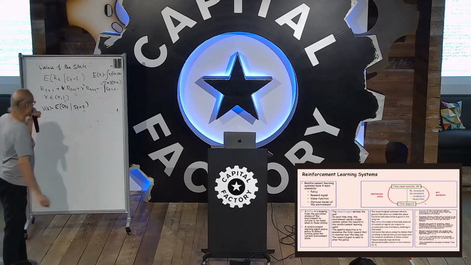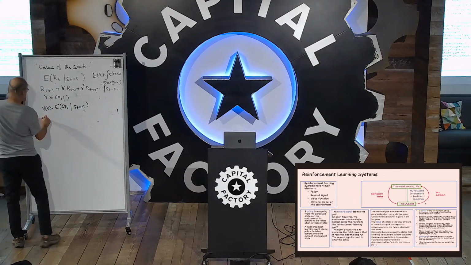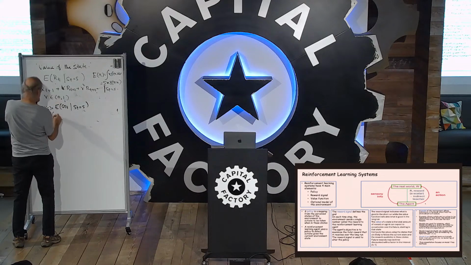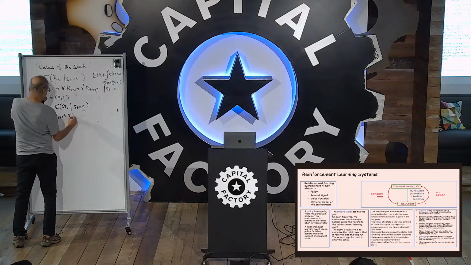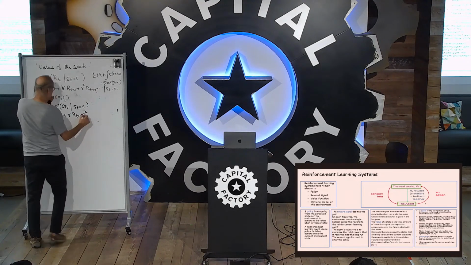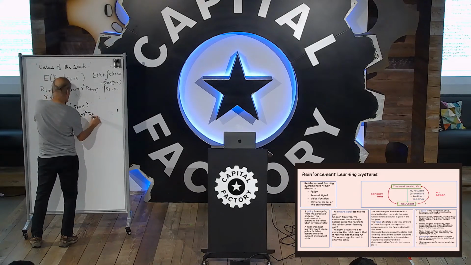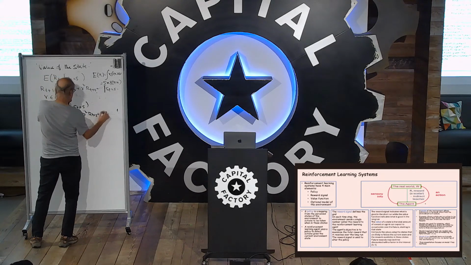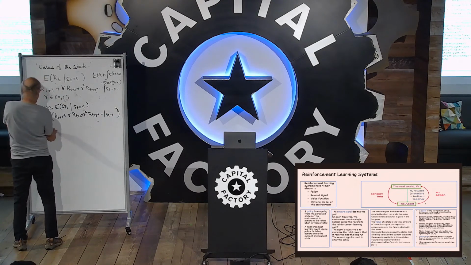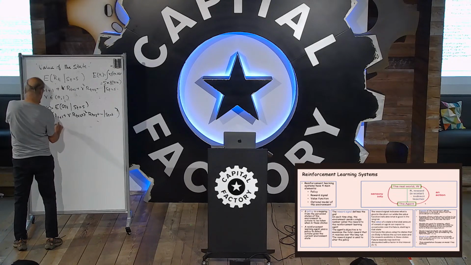Okay? So the expected value of Gt, you can write it as the expectation of Rt+1 plus gamma times Rt+2 plus gamma squared times Rt+3, and so on, given St equal to s. If I take the expectation inside, expectation is a linear operator.